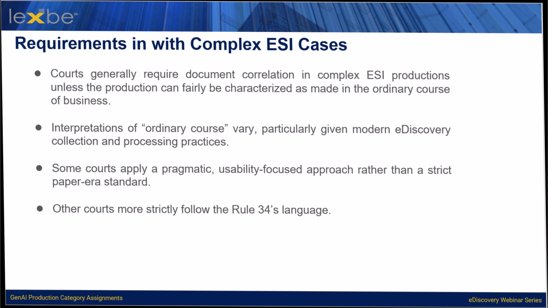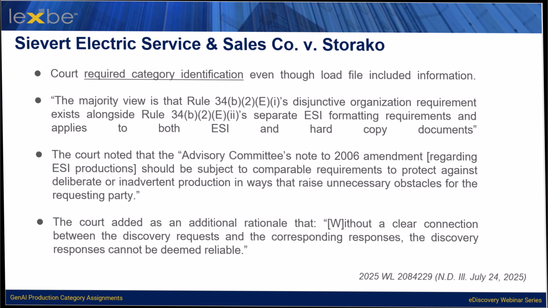Other courts attempt to apply the language more liberally to allow the spirit of this provision to apply. A recent example from last year is Sievert Electric Service versus Stracco.